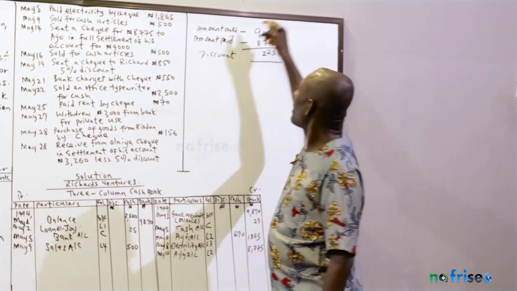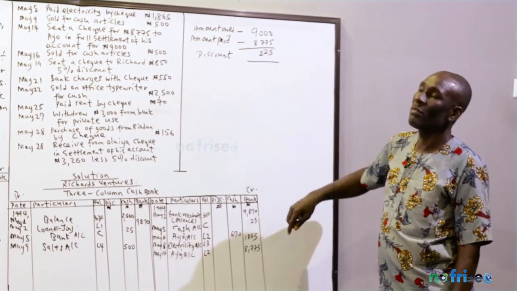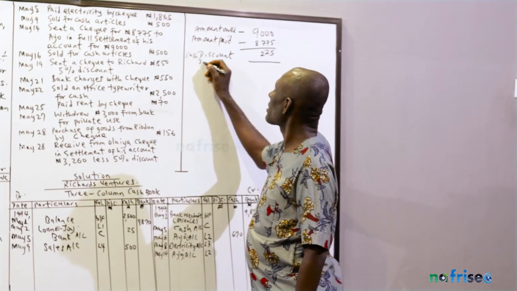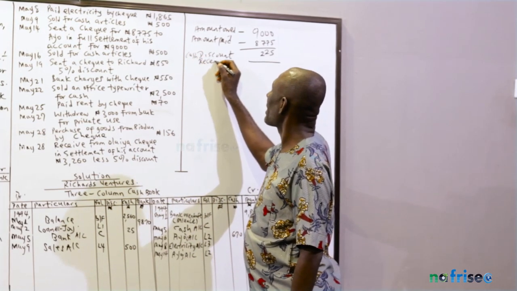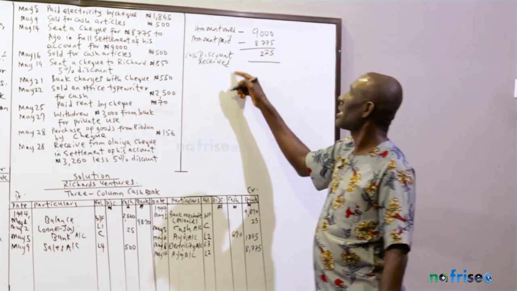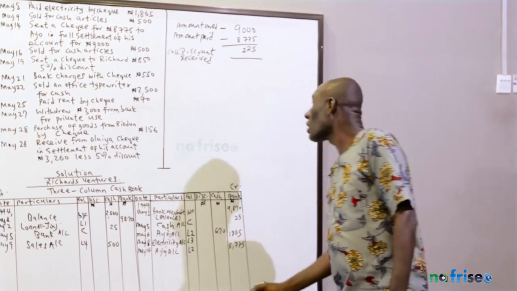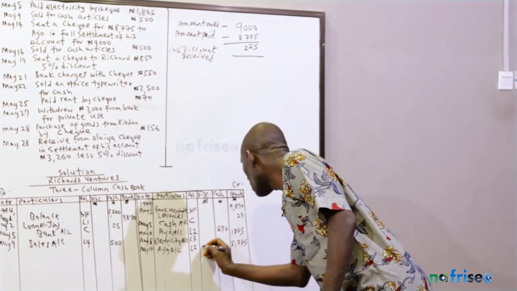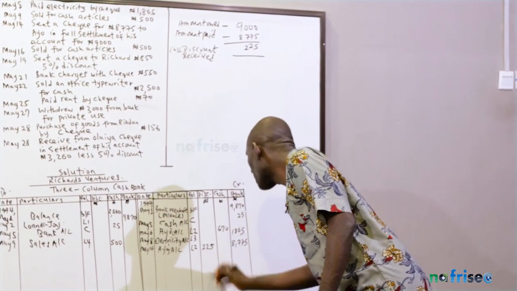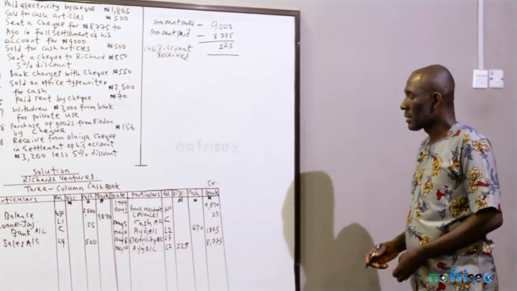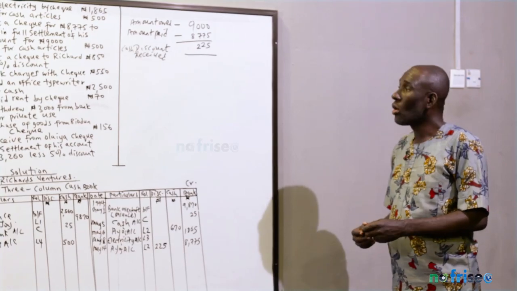So let's clarify it. He owed this, he paid this, so discount, give it to him. And this discount is known as what? Cash discount received. It's important we clarify it so that you understand. Received because it's received from the person that is owed. So under discount you have 225. So that has taken care of that transaction.